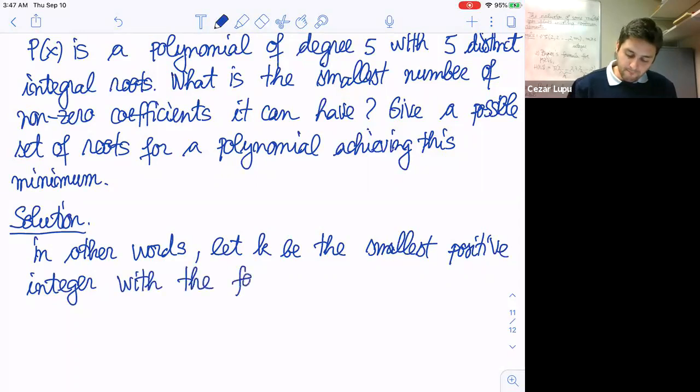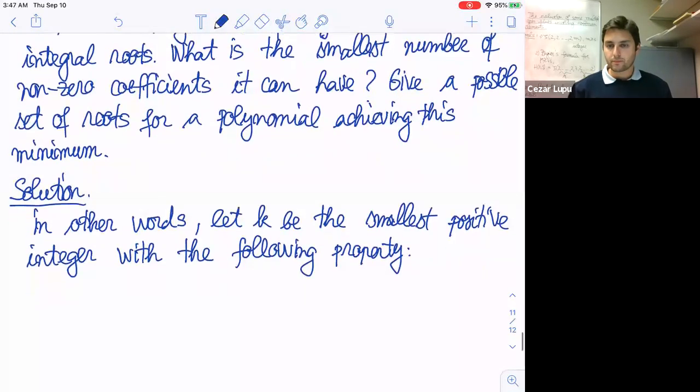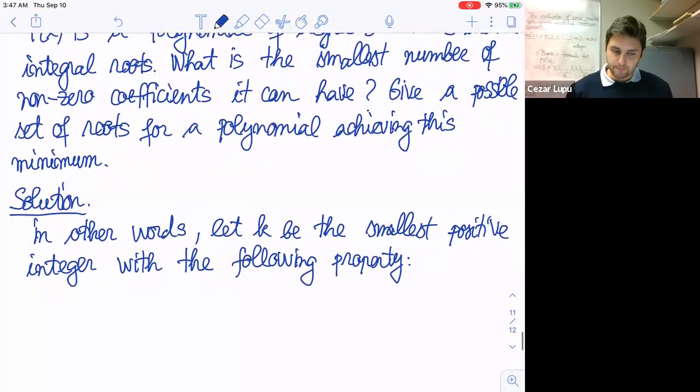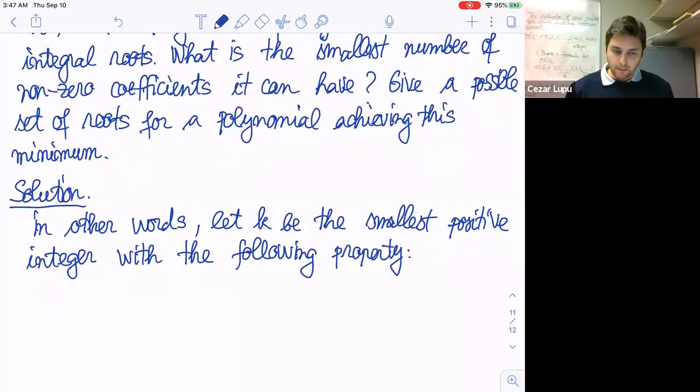So let's dive a little bit more into the problem. And the property is the following. Let me write it with a different color so that you can see it better.